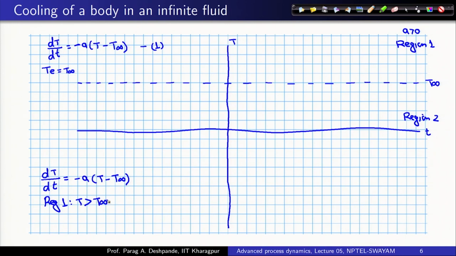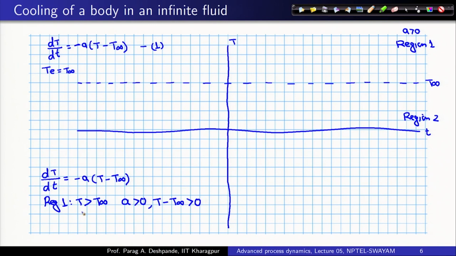So what is going to happen in region 1? a is greater than 0 we know, and T minus T infinity is also greater than 0, because T is greater than T infinity.